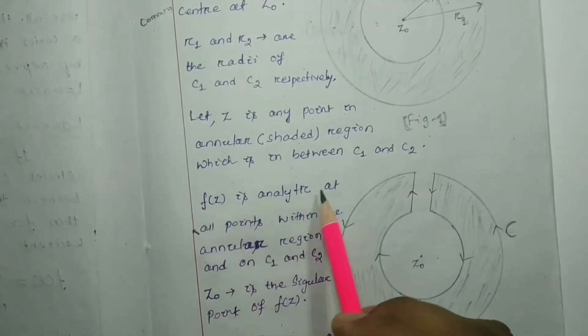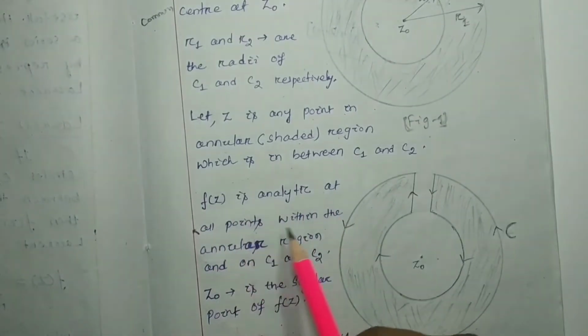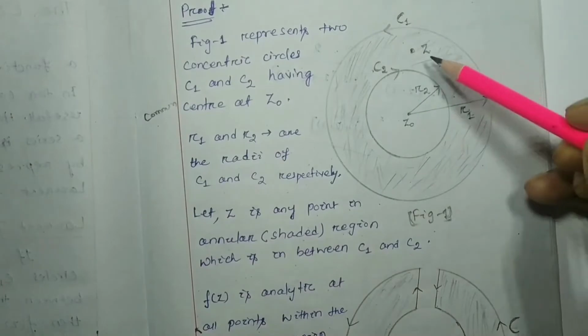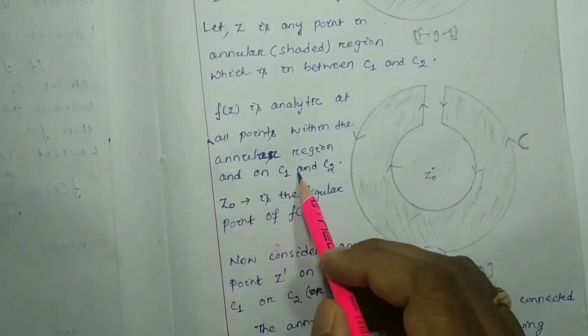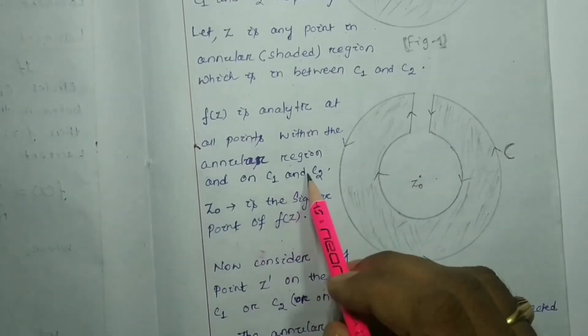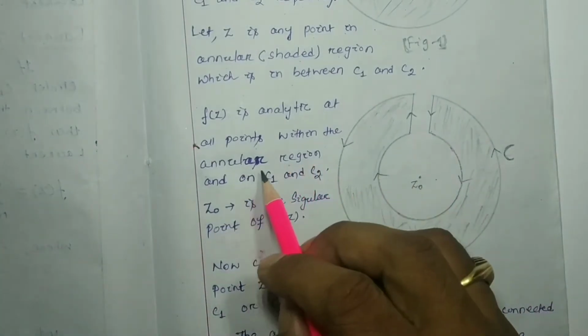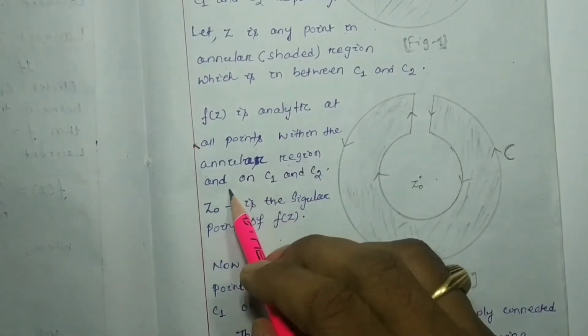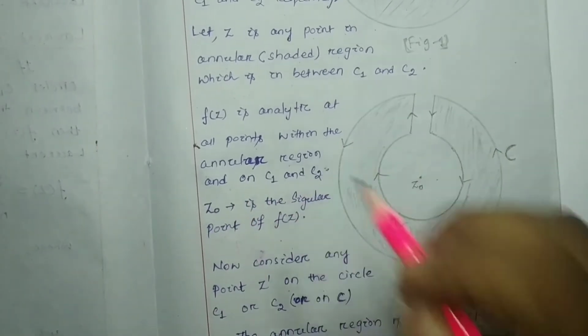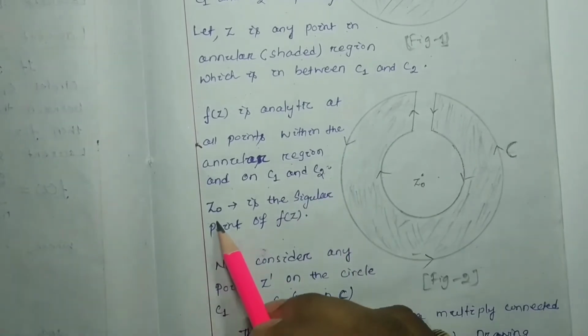f(z) is analytic at all points within the annular region, and on C1 and C2. Z0 is the singular point.